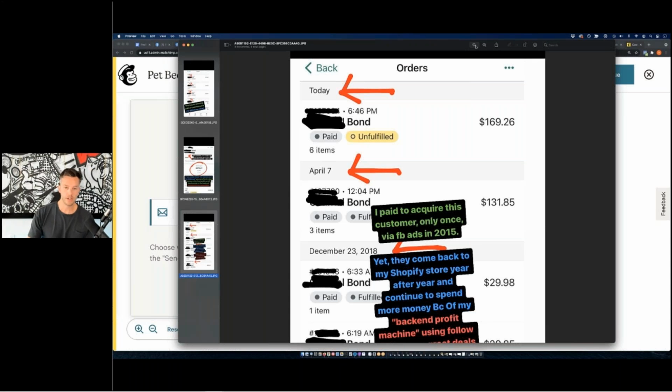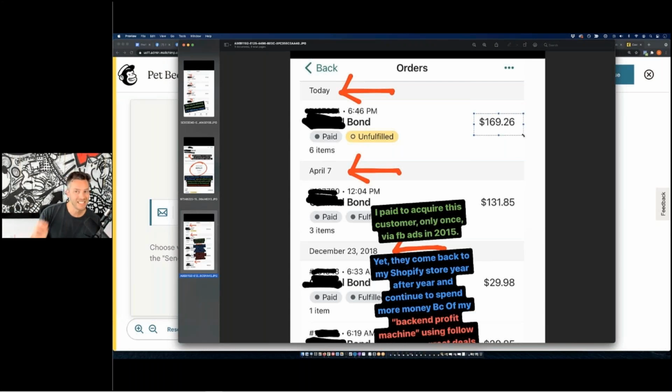So then we went legitimately almost 2.5 years, and this customer came back and spent $131. And then this weekend, I believe on Saturday, while I was out at the pool, I saw the order come in, and I was checking each of the orders to find one that had been a long-term customer for this case study.